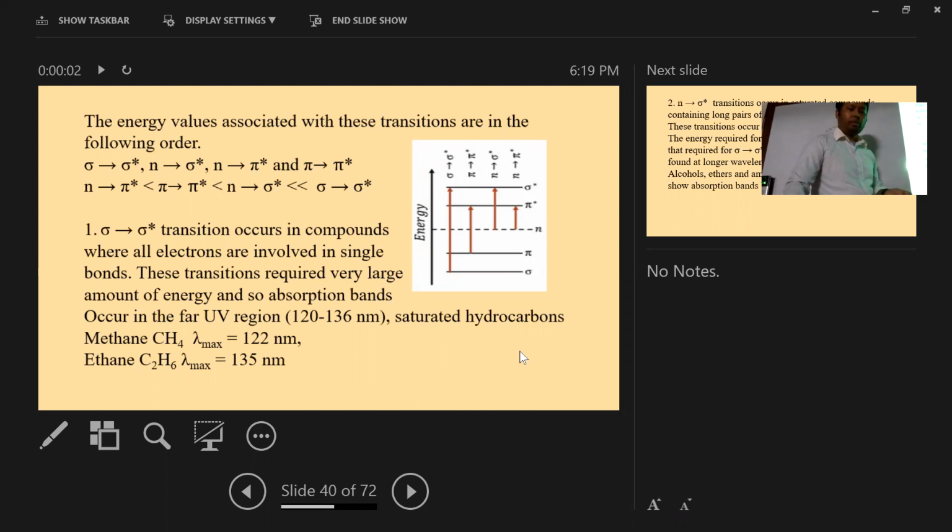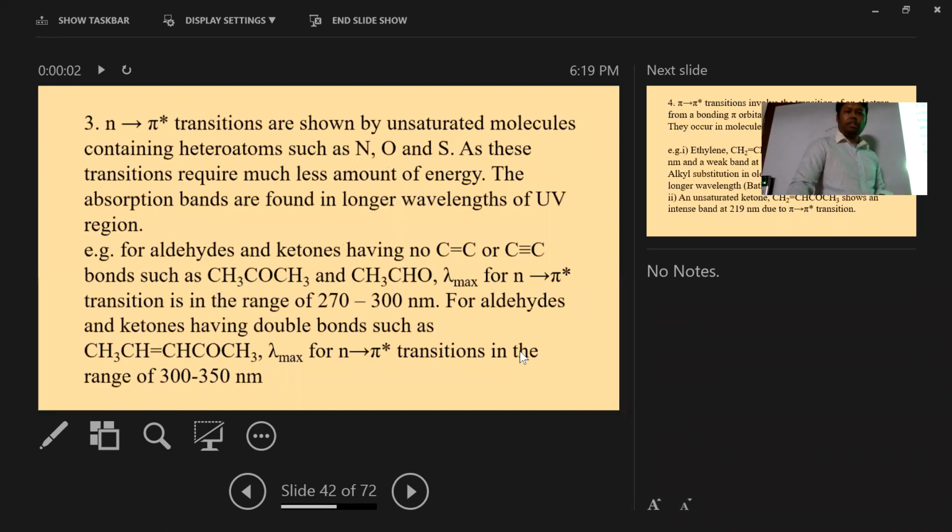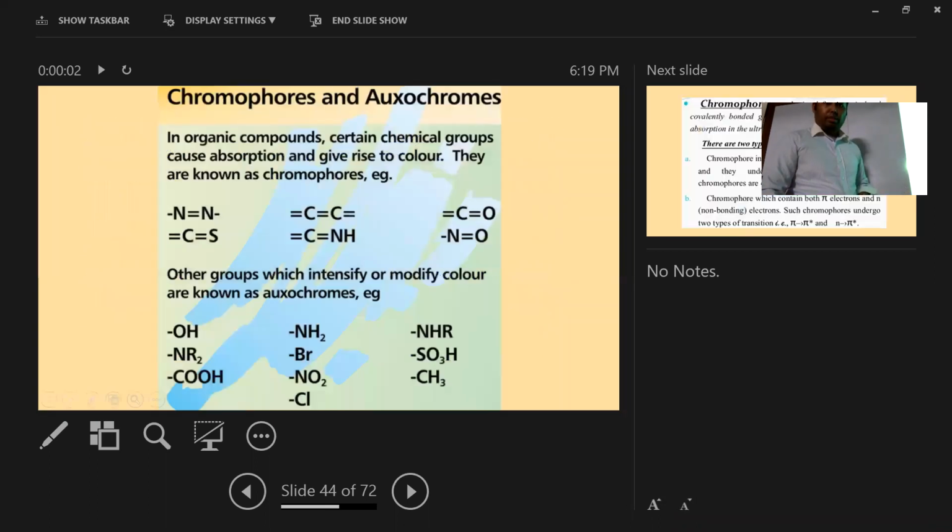I am not going to discuss anything more about these. I have given some examples of all the transitions. If you can read this, you can get the idea, because everything is the same. Now, chromophore. In the last class, I mentioned the chromophore.